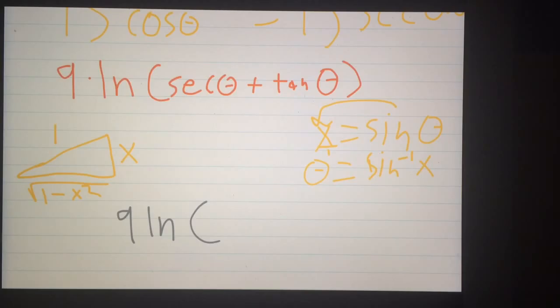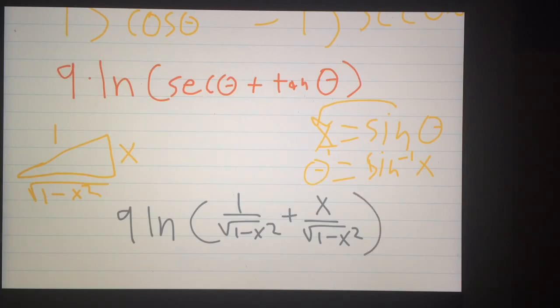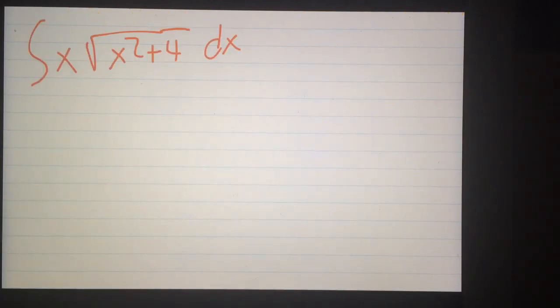Well, secant theta, secant is hypotenuse over adjacent. If we just reference our little triangle, we get 1 over the square root of 1 minus x squared, plus, and tangent is just opposite over adjacent, and so we get x over the square root of 1 minus x squared. Boom. That's our answer. Let's move on.